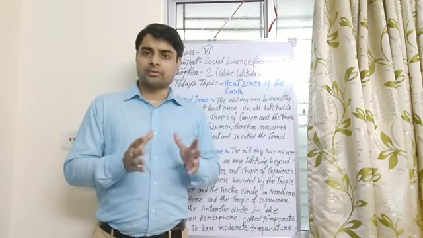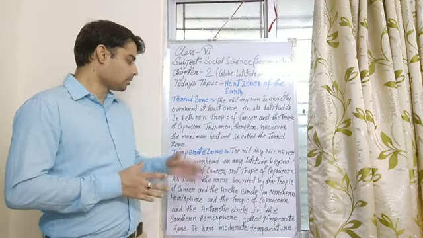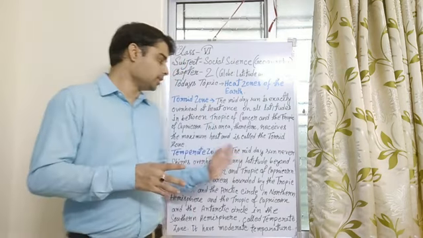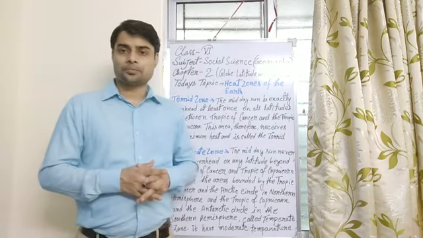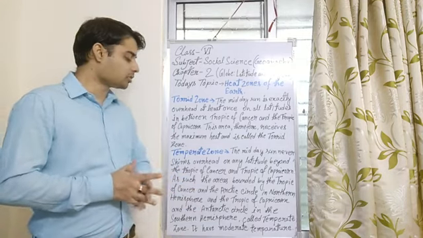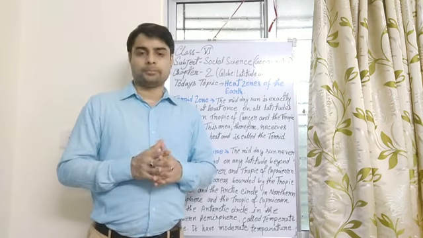In that region the sun rays always fall in a tilted manner. That's why the area never receives maximum heat, and the temperature is moderate, not so hot and not so cold.